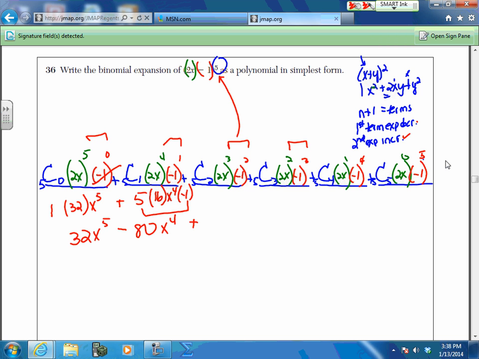5c2 is your 10. And a negative squared is a positive. So 80x cubed. 5c3 and 5c2 are the same, 10.